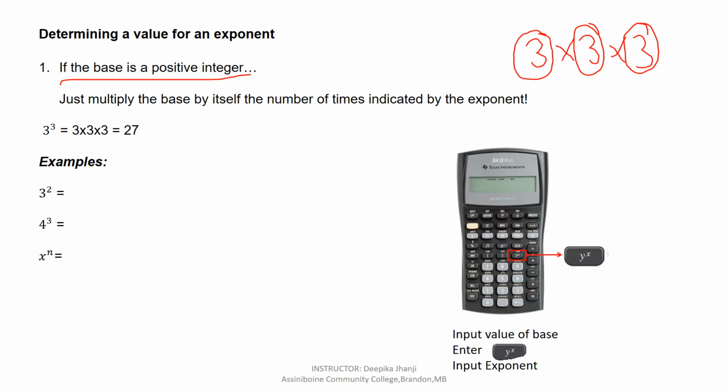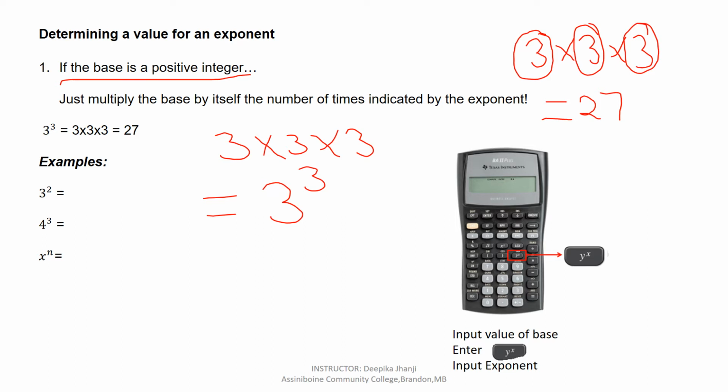It's very simple. You are multiplying 3 times 3 times 3, and this becomes 27. Using exponents, 3 times 3 times 3 is 3 cube.